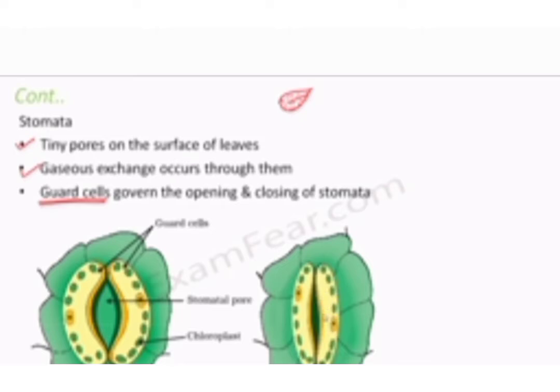The guard cells shrink, and when the guard cells shrink, this stomatal pore also shrinks. So the stomata gets closed. Whether the stomatal pore will be opened or closed is governed by the contraction or expansion of the guard cells. When the guard cells expand, the stomata opens. When the guard cells contract, the stomatal pore closes.